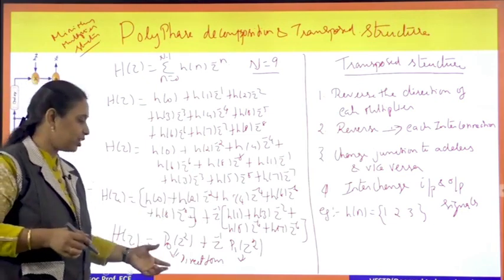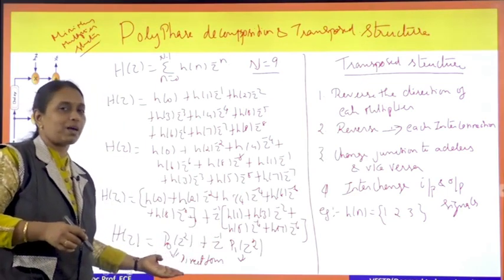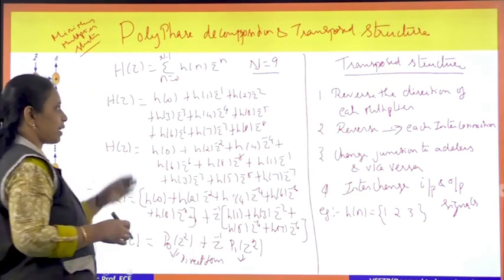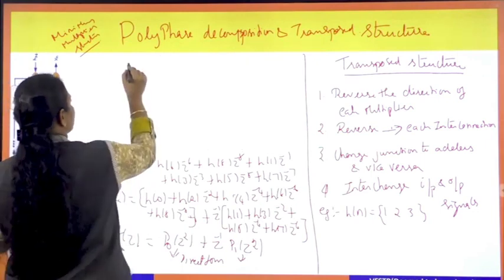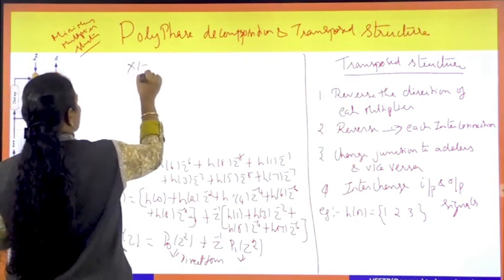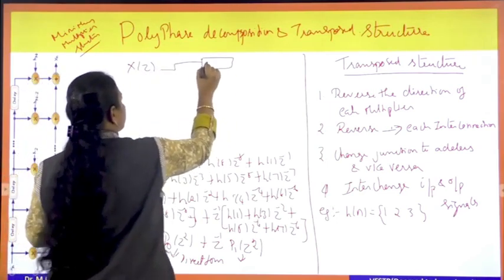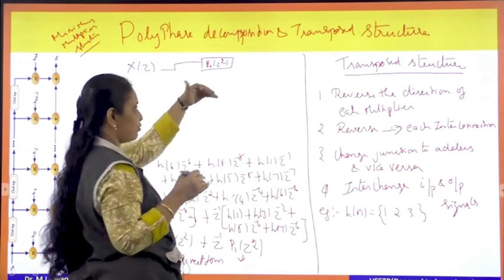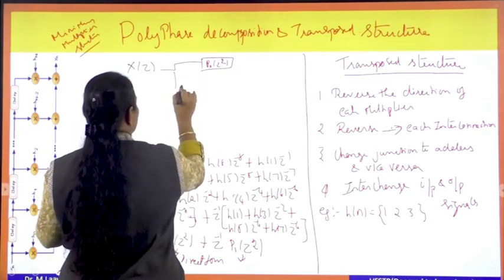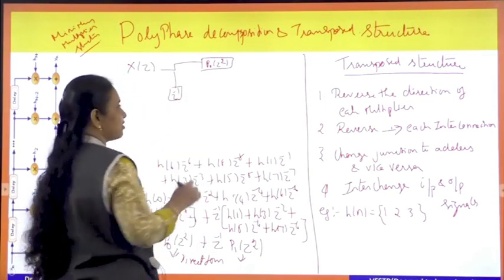Like that you have to do it, and to realize in direct form, combine these two structures in parallel. How to draw these structures in parallel I will show you here. Now let us see that structure. I will write x of z and put here p naught of z squared, which is realized in direct form. Next I will put a z inverse because for p1 I need z inverse.